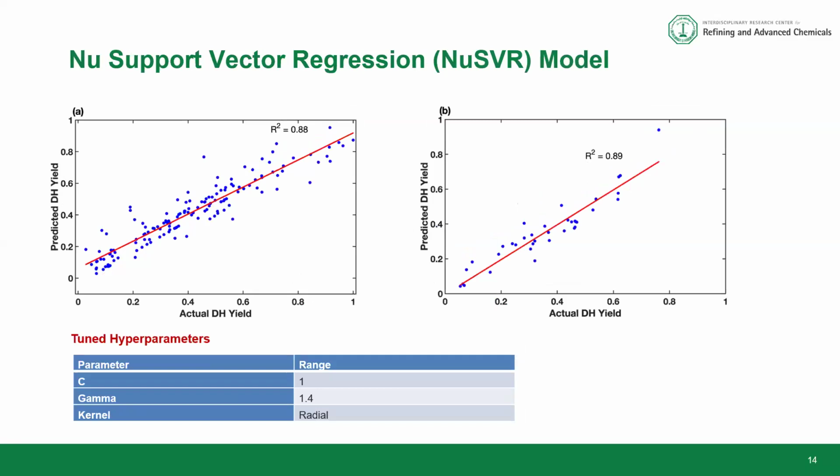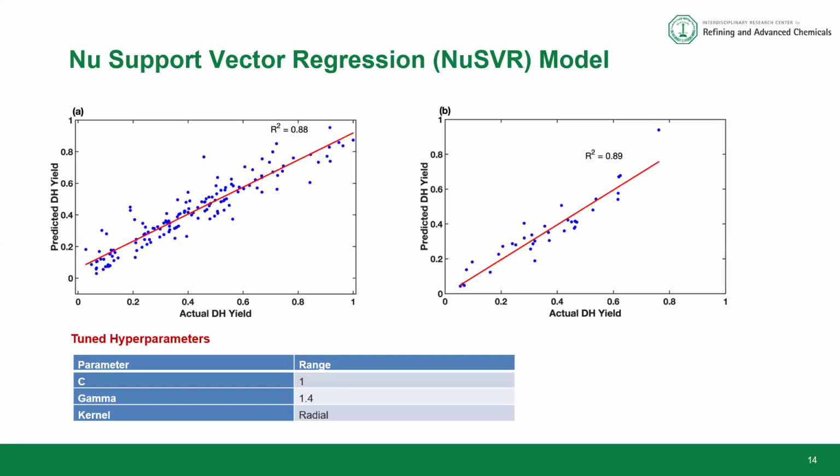Again, we also used a support vector regression model with a new parameter, nu. This is very similar to SVR. The only difference is the nu parameter introduced, which controls the number of support vectors and also the margin of error.